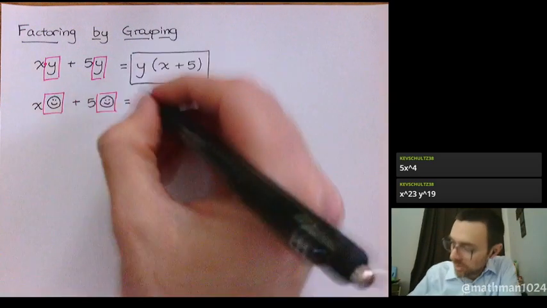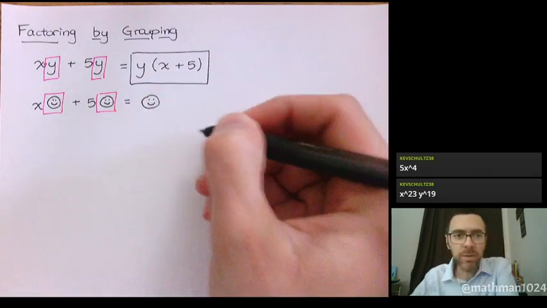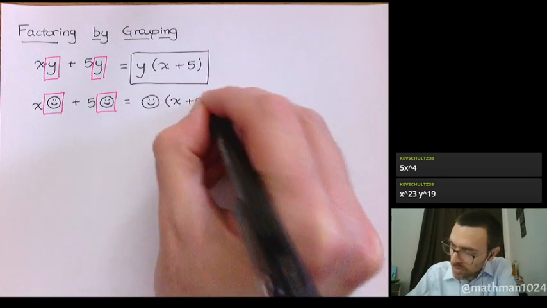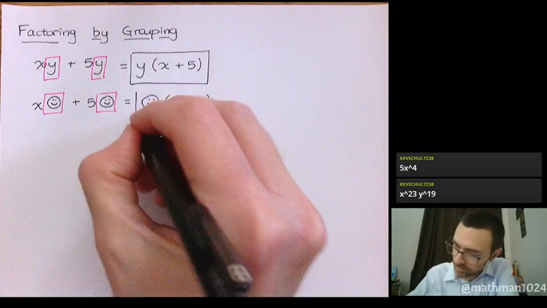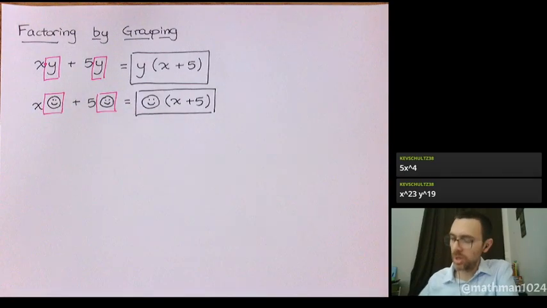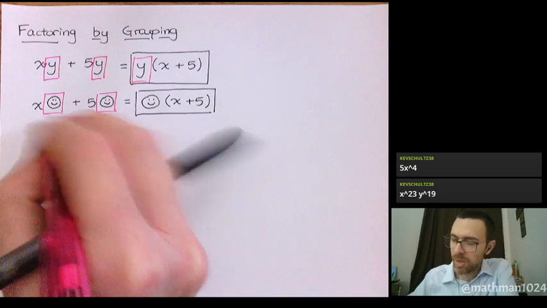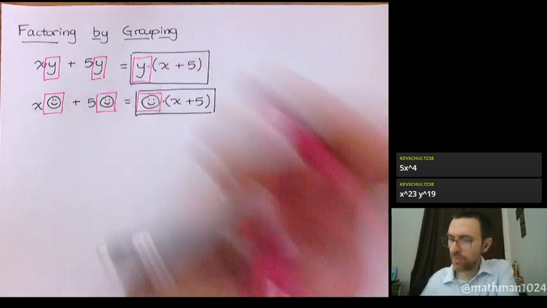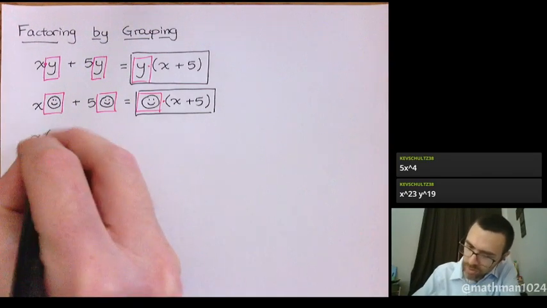So smiley face is now a common factor, and that's also going to be multiplied times x plus 5, because that's what's left over, x and 5. So if you guys are okay with what I'm doing here, identifying that this was my common factor and that gets factored out in front, smiley face was the common factor and he gets factored out in front.